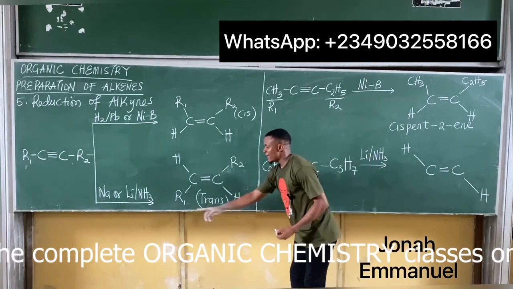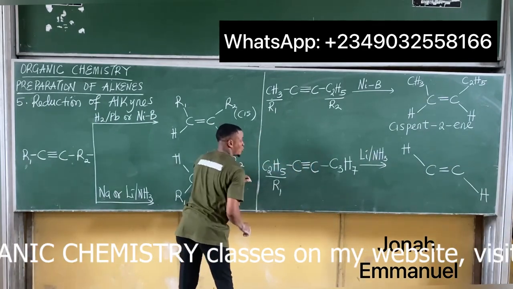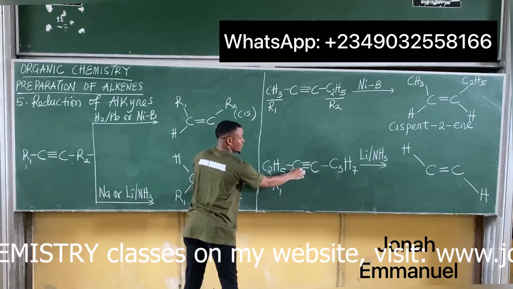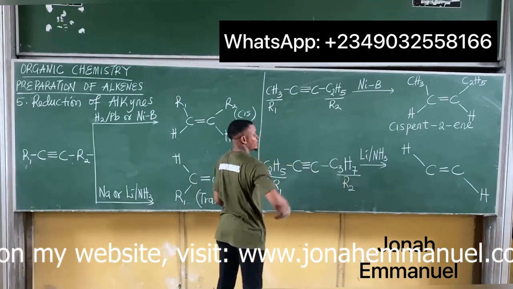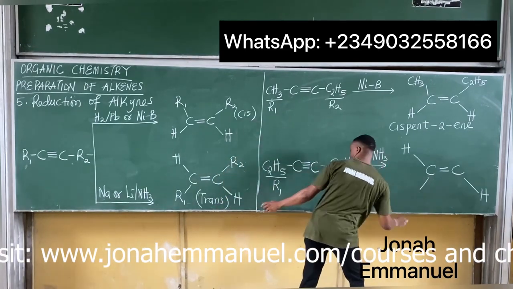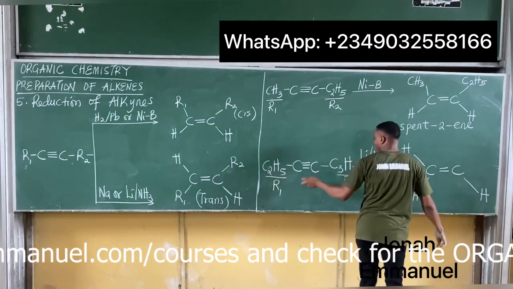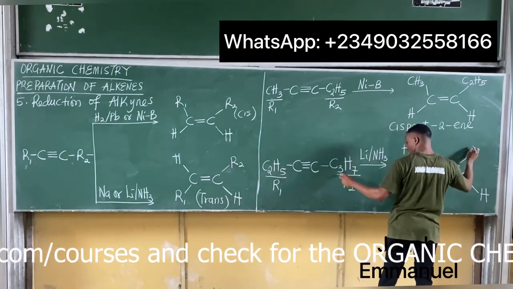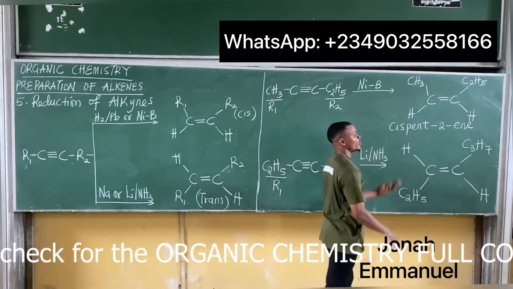Now identify R1 and R2. This one becomes R1, C2H5, and here becomes R2, C3H7. So as simple as just replacing them. How do you name this compound?